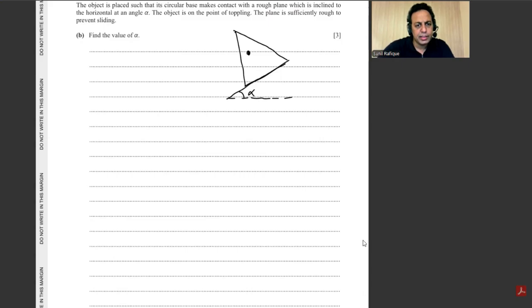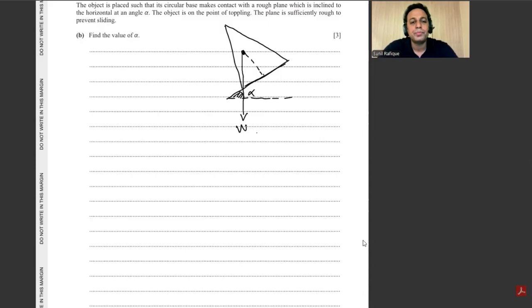The line of action of weight should pass through the edge of the base of the cone, because any greater angle will cause toppling, right? Sorry about that. So that's the idea. This is where the weight acts. And now we need this angle. So this is alpha, and you can check that.